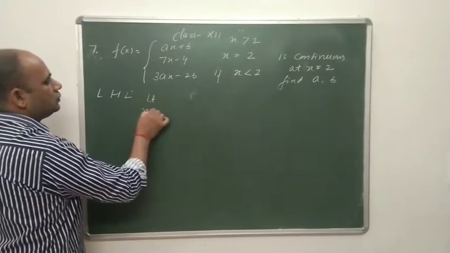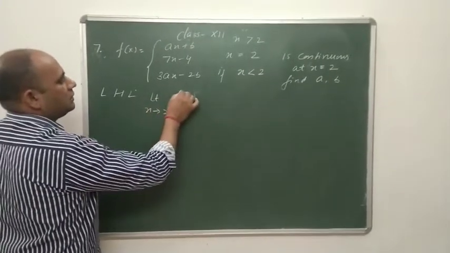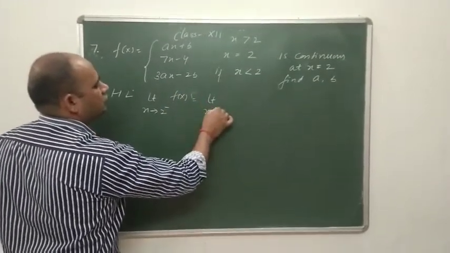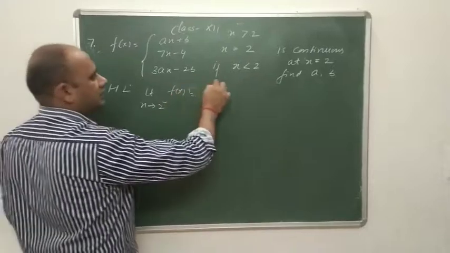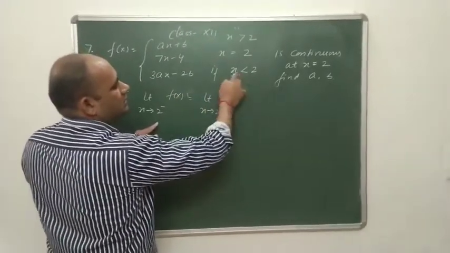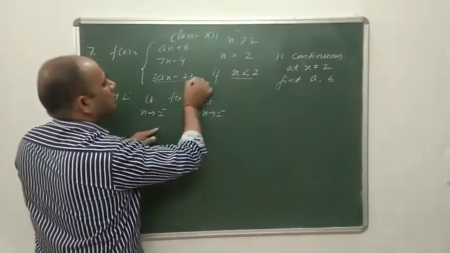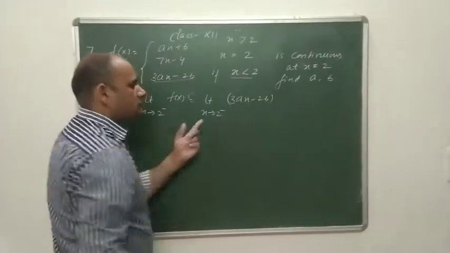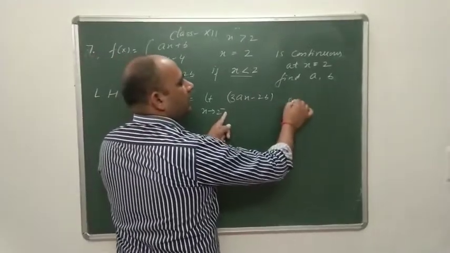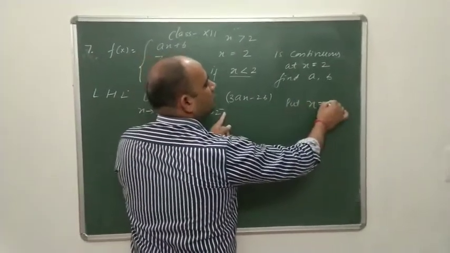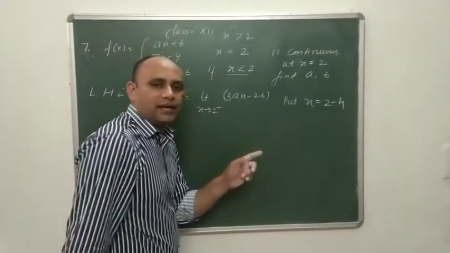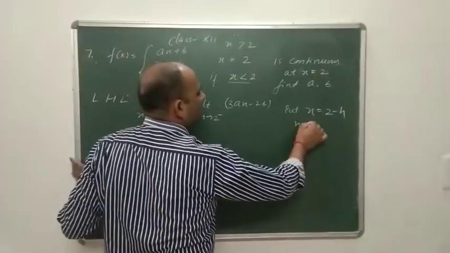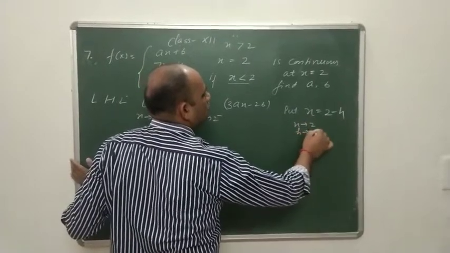Limit x tends to 2 minus f(x), when x is less than 2, meaning 3x minus 2b. Now for 2 minus, we will put here x as 2 minus h. And if x tends to 2, then h tends to 0.